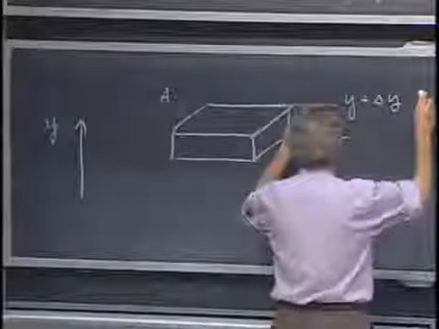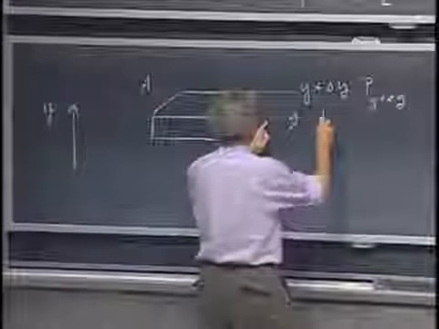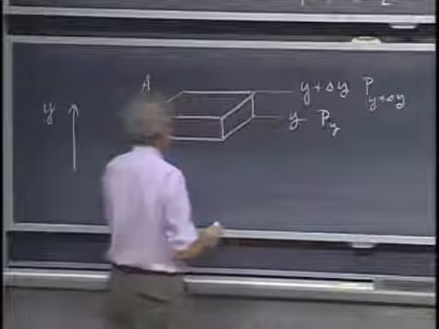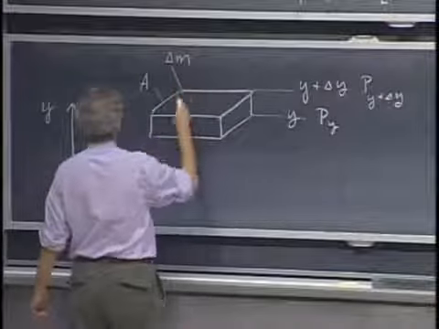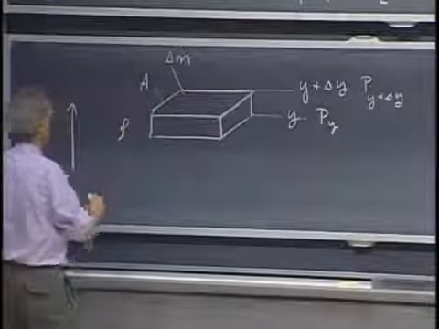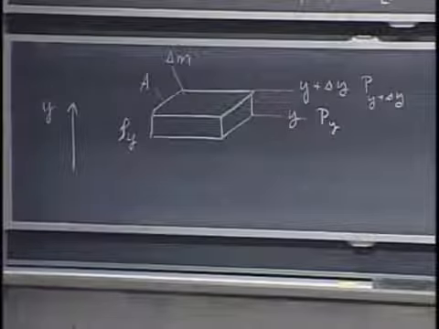And the pressure here is P of y plus delta y, and the pressure here is P of y. And this object has a mass delta m, and the liquid has a density rho, which could be a function of y. We will leave that open for now.